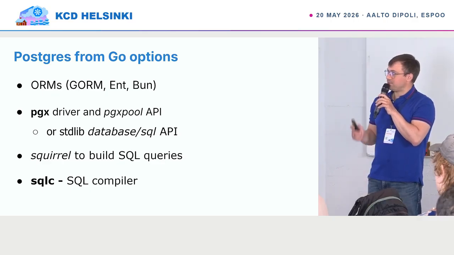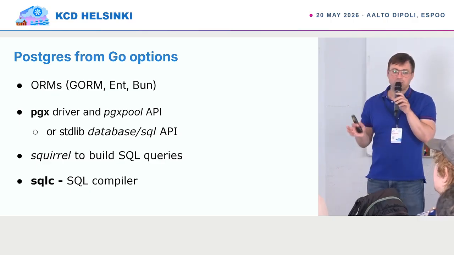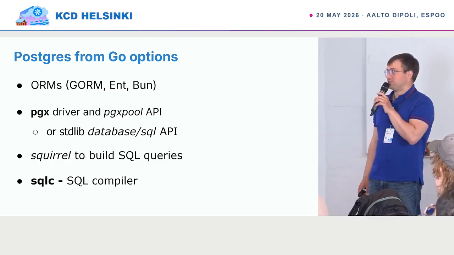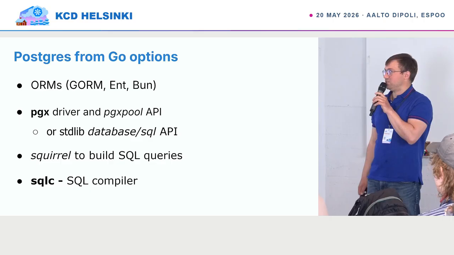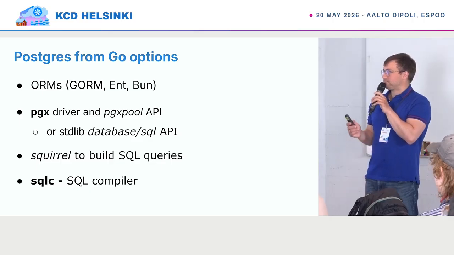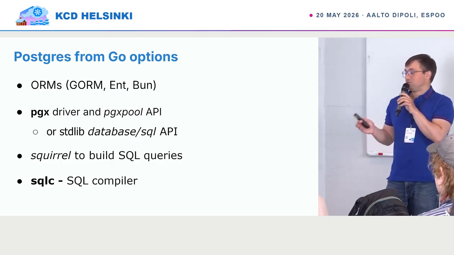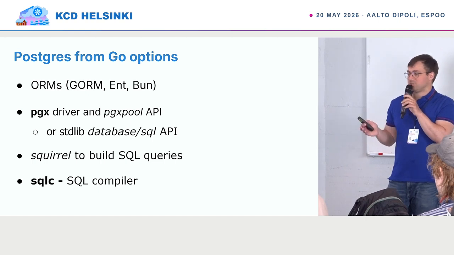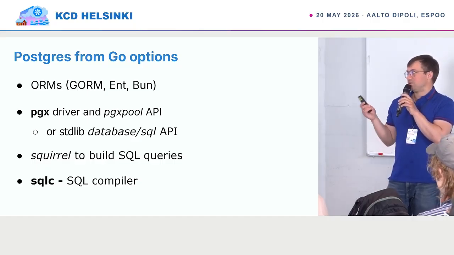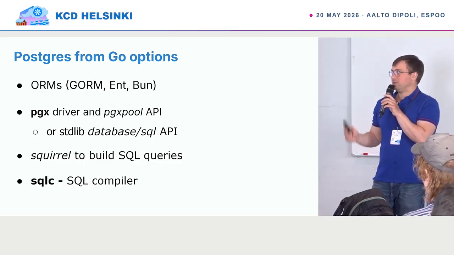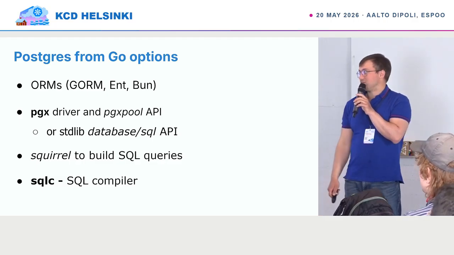For the driver, at some point in time there were competing drivers for Postgres, but now there is a clear winner, and it's the pgx driver. Under the hood you need to use the pgx driver, but there are options for which API you use, because pgx provides its own API. You can have pgxpool for a connection pool, or you can use the more legacy approach of the standard library API to talk to SQL.